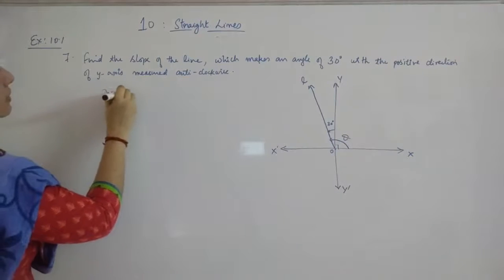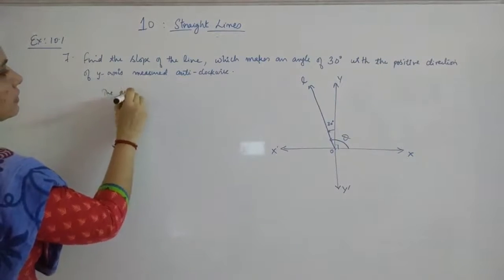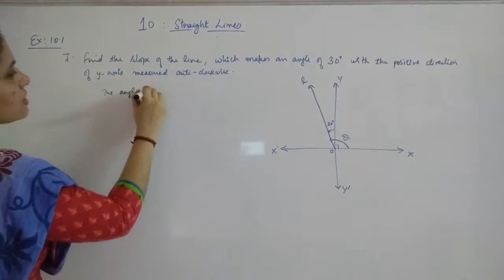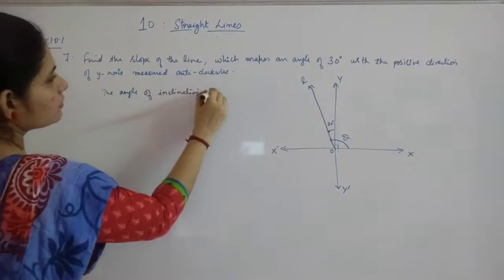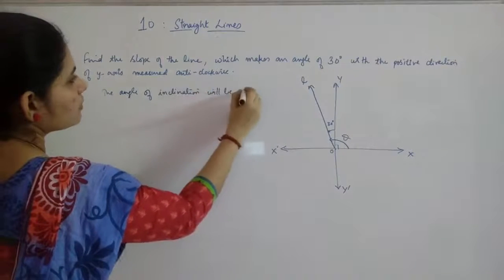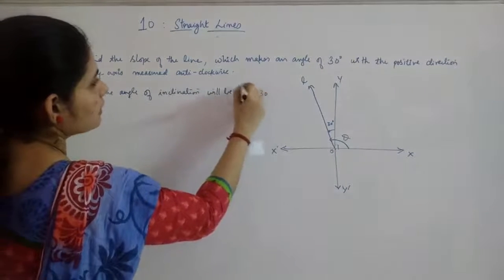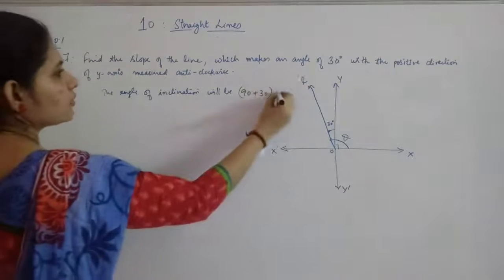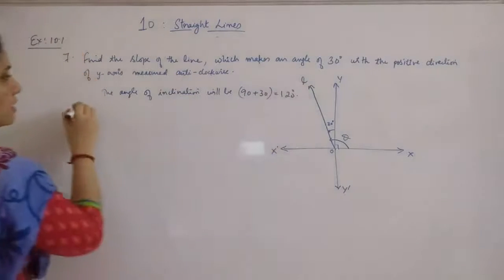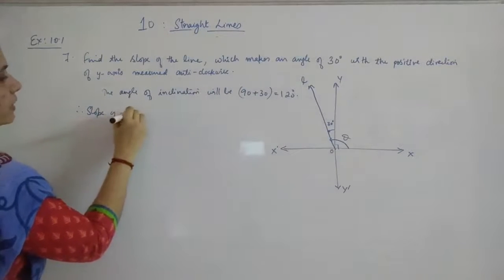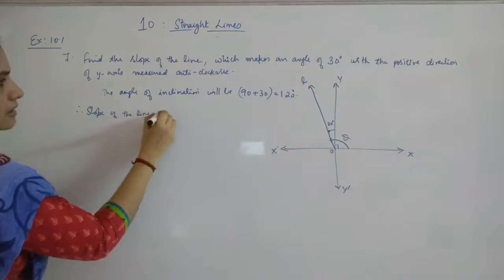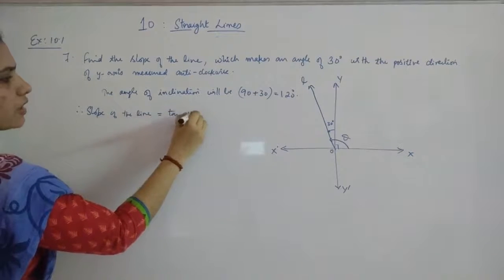So the angle of inclination will be 90 plus 30, that is 120 degrees. Therefore slope of the required line is equal to tan of 120.